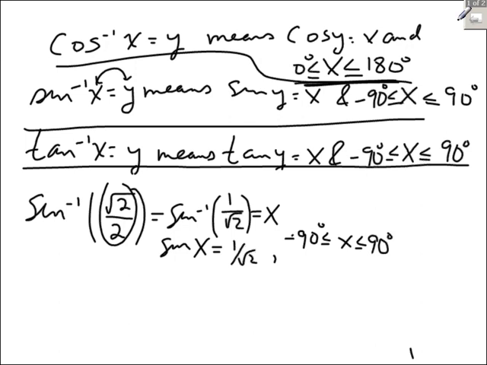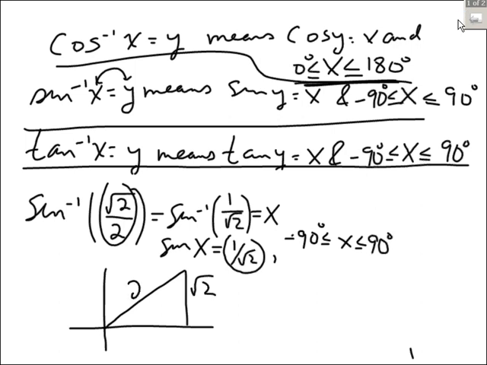Now, the reason we wanted to write square root of 2 over 2 as 1 over square root of 2: since sine of x is positive, we're in quadrant 1. If I would say the opposite is square root of 2 and the hypotenuse is 2, because I'm using square root of 2 over 2, I don't recognize those as numbers that correspond to one of those special triangles which I remembered. It does not.